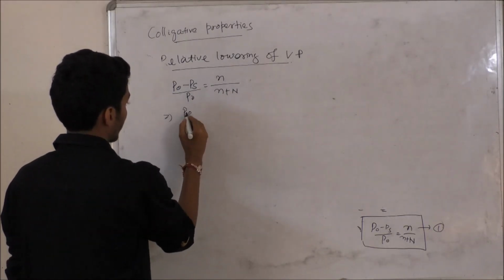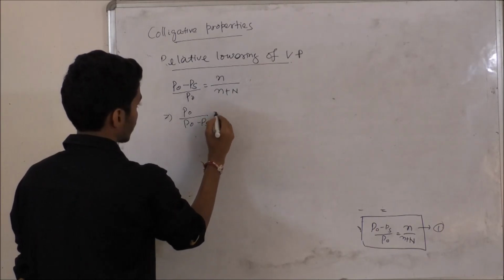If we reverse it, P naught divided by P naught minus PS.